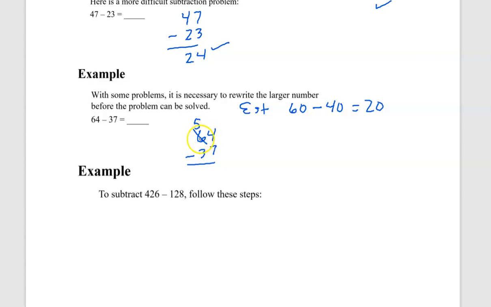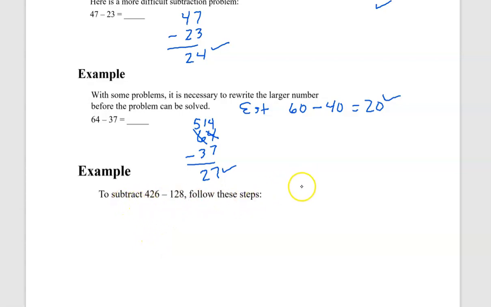But what you've actually borrowed is a 10. So we're going to make that 4 a 14 because we borrowed one set of 10s from this 6. So 14, can I do 14 take away 7? Absolutely. 14 minus 7 is 7. And 5 minus 3 is 2. So we've got 27. We're not way off, but not as close of an estimate as we were getting when we were adding, okay?